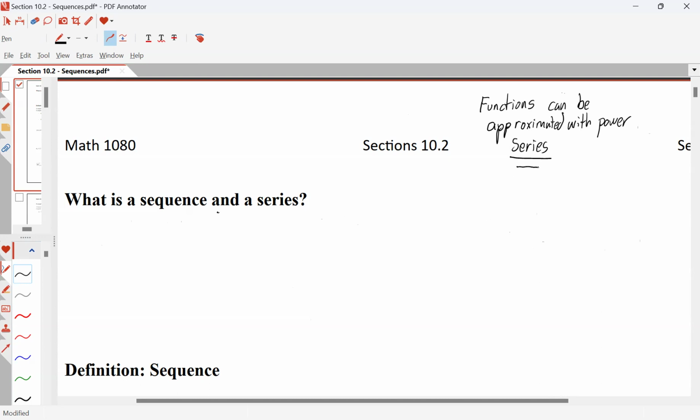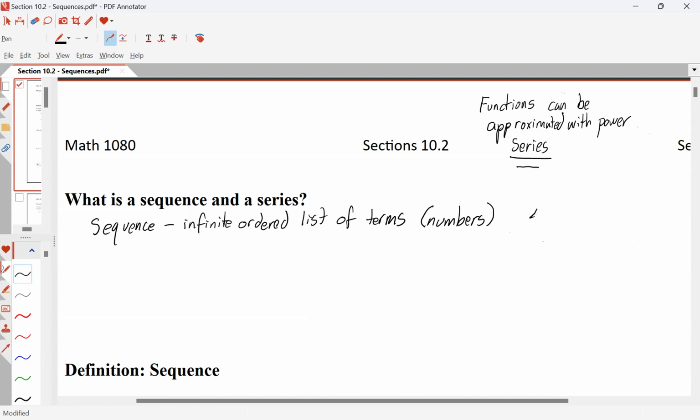So, what is a sequence? A sequence is an infinite ordered list of terms. For what we will be working with, these terms are numbers. It is an infinite list.